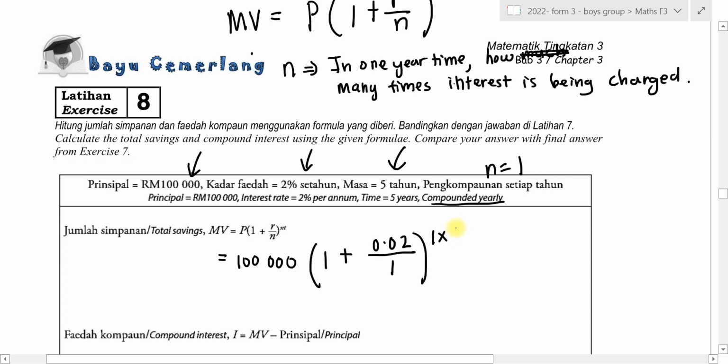Time is 5 years. This is where your calculator sometimes is very difficult to key in the power. 1 times 5 is 5. So calculate for me this one.